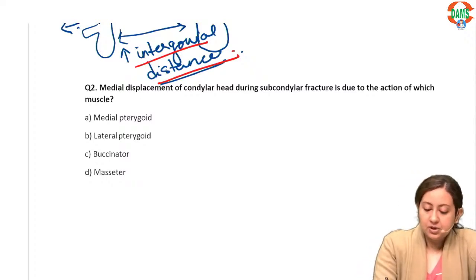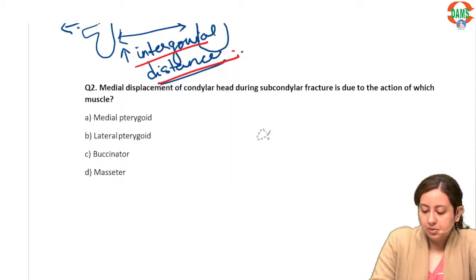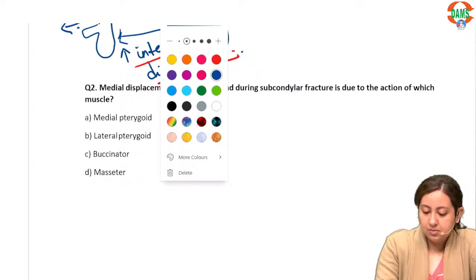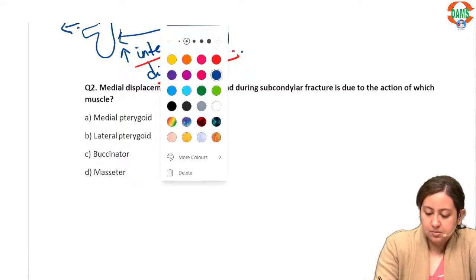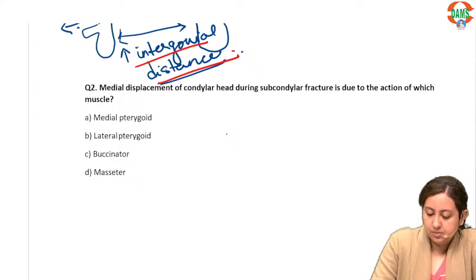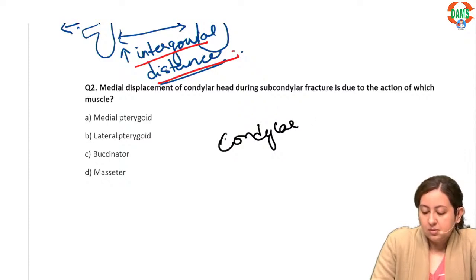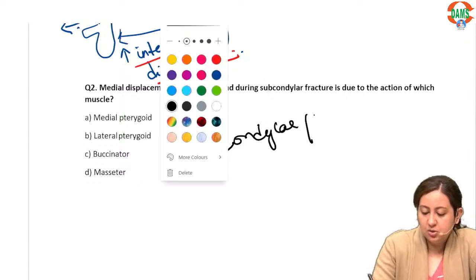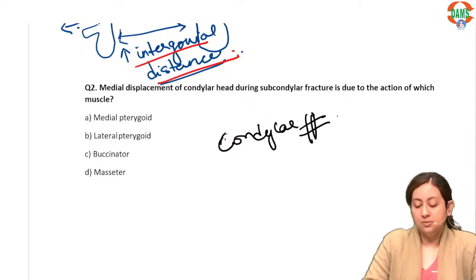Now, just so that you all can revise what is the attachment at the condylar fracture.